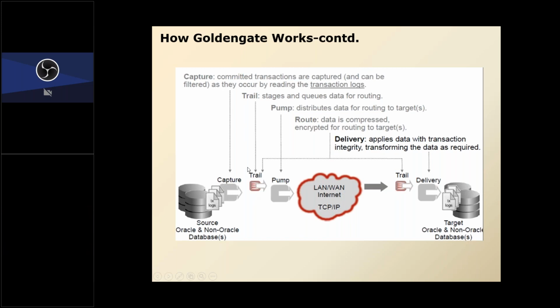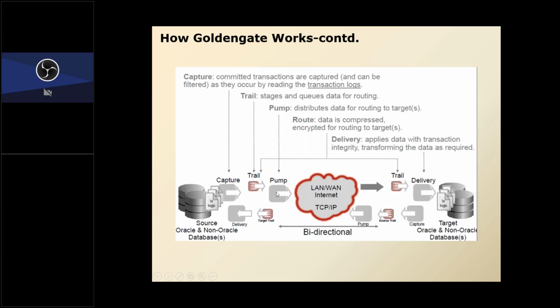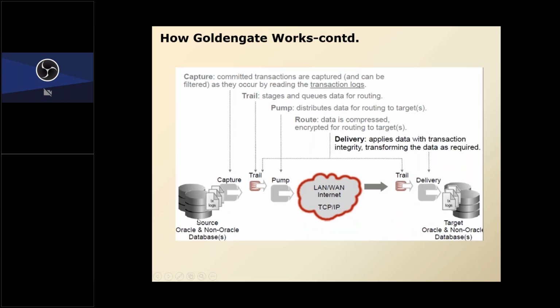It transfers the data available in the local trail file. It reads the data and then sends that data over the TCP/IP network for the remote trail to read. Okay? So the pump process transfers the data over the TCP/IP network, not the trail file.